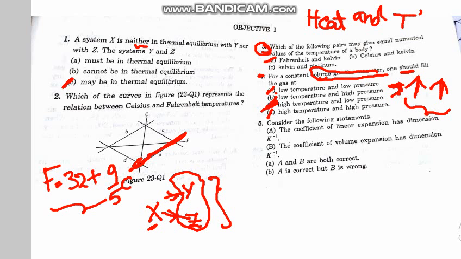Linear expansion is alpha, and volume expansion rho equals 3 alpha simply. So if alpha is per Kelvin, then rho is also per Kelvin. So A and B both are correct.